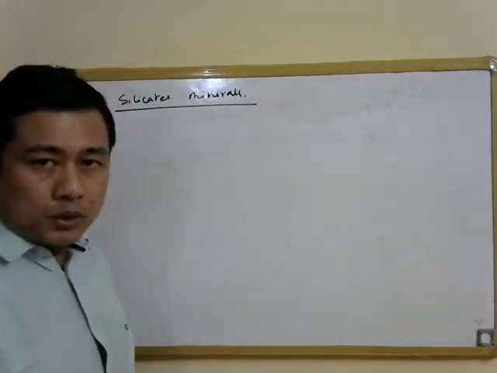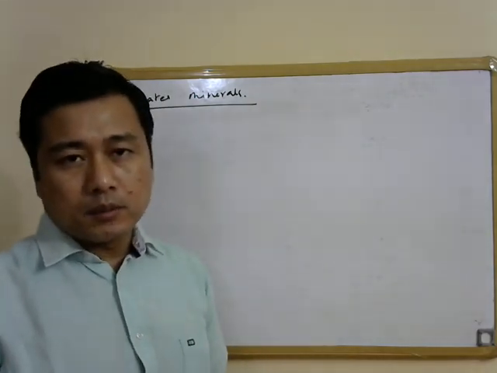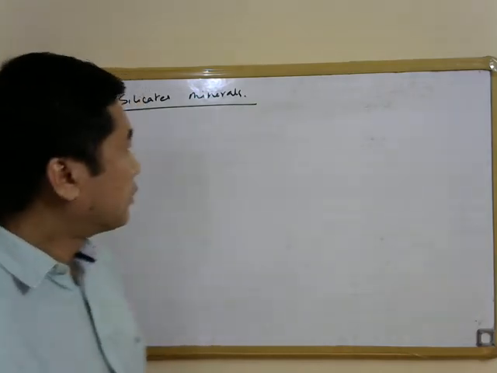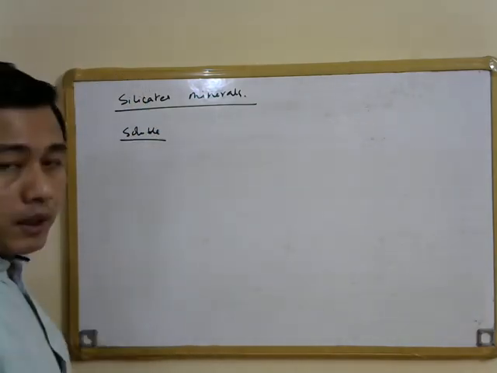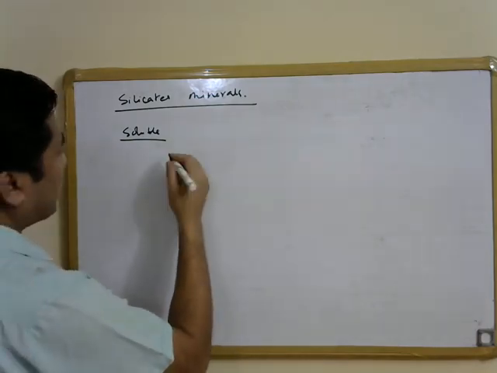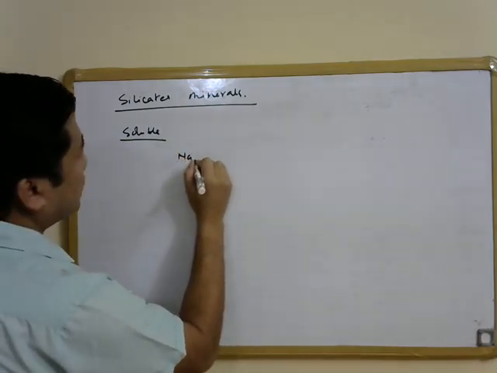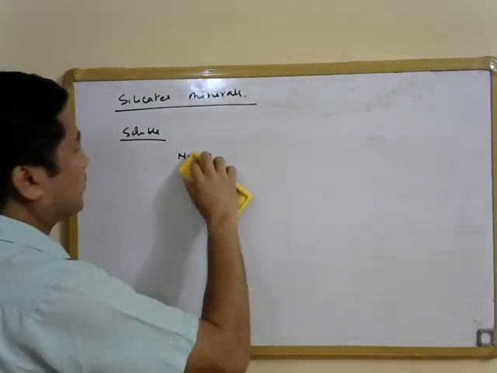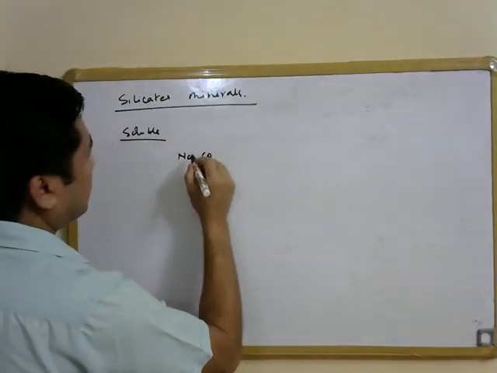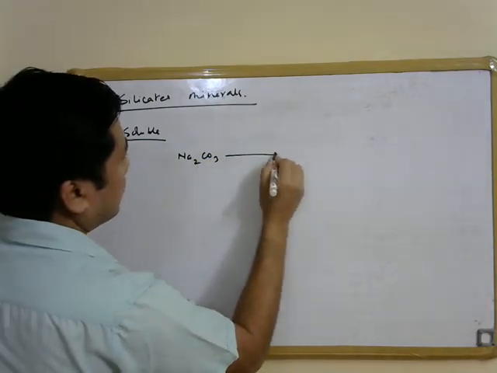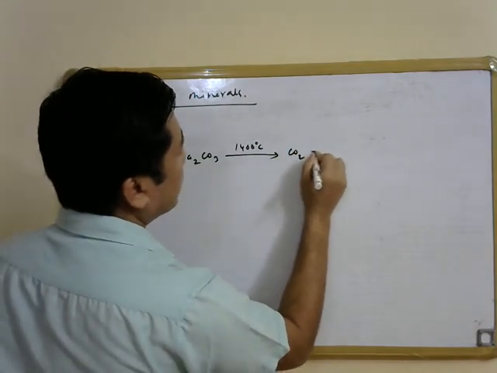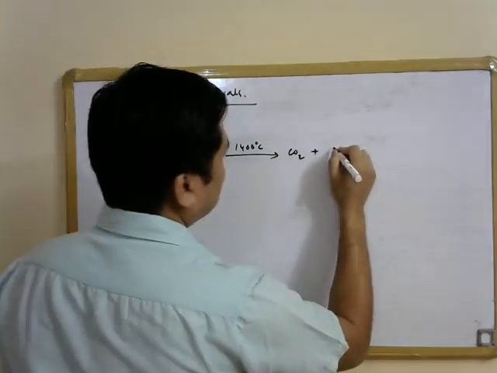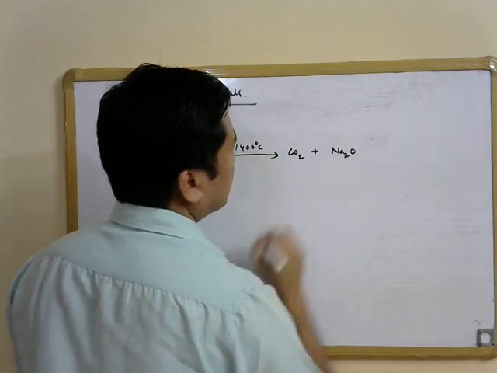There are soluble silicate minerals, and you can make soluble silicate minerals by reaction of sodium carbonate. When you heat it at around 1400 degrees Celsius, you will break it down into carbon dioxide and sodium oxide.